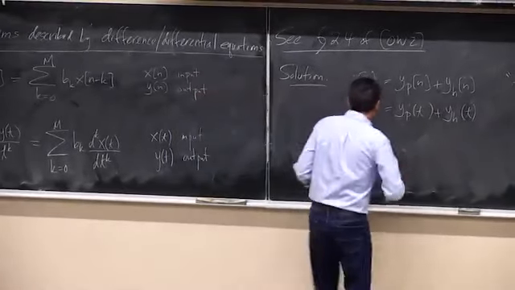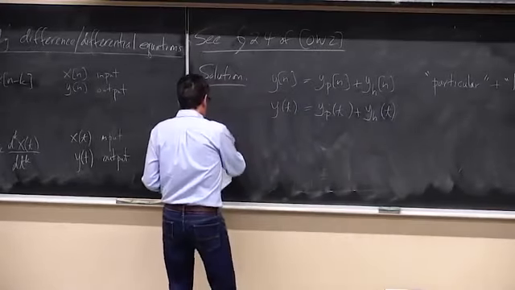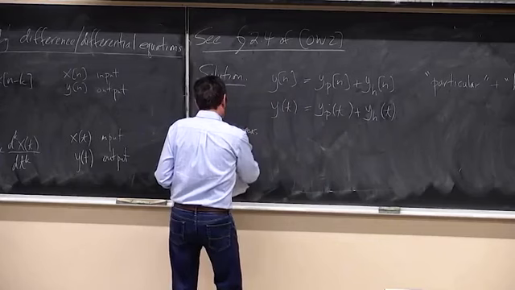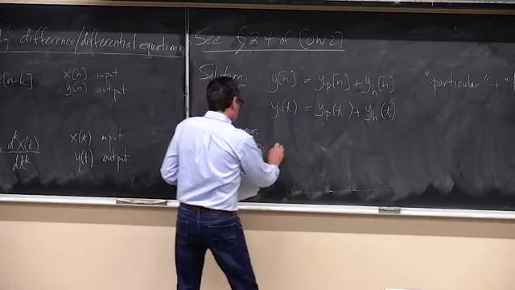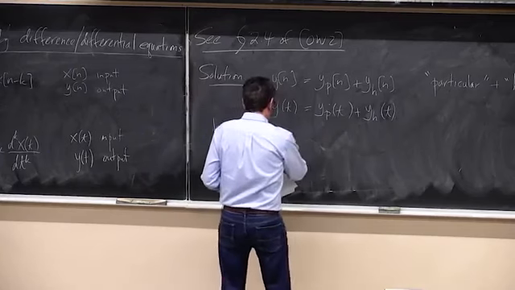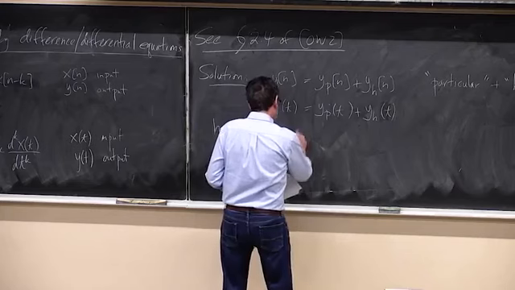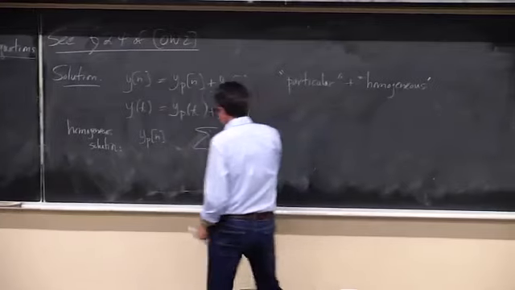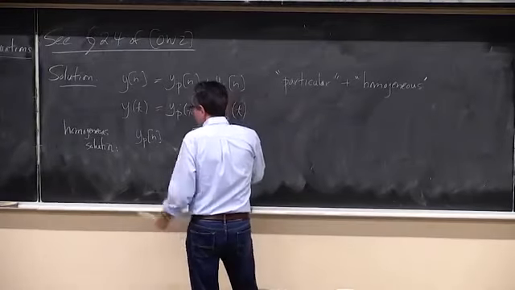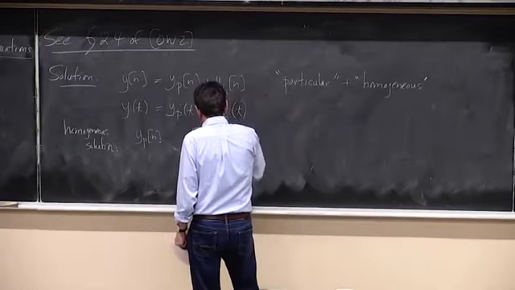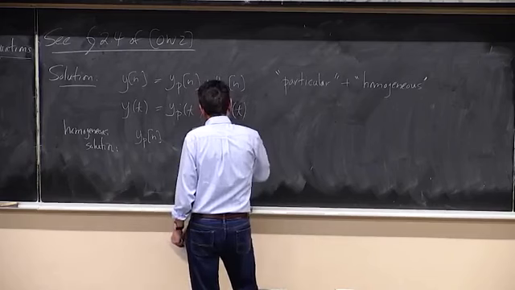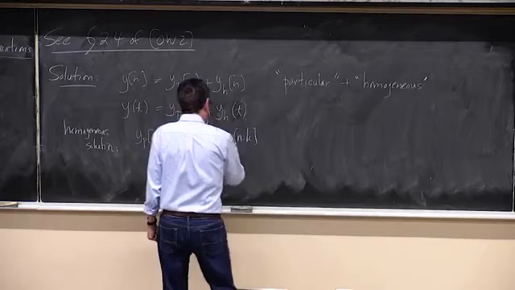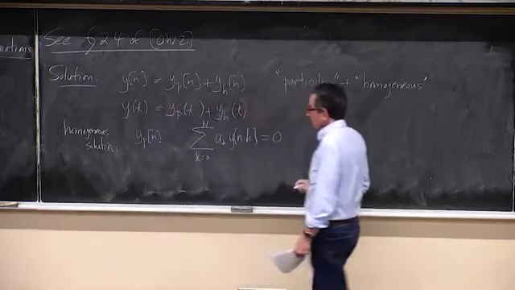And the homogeneous solution is simply the solution, in the case of discrete time, that satisfies the sum of a sub k y of n minus k equals 0.